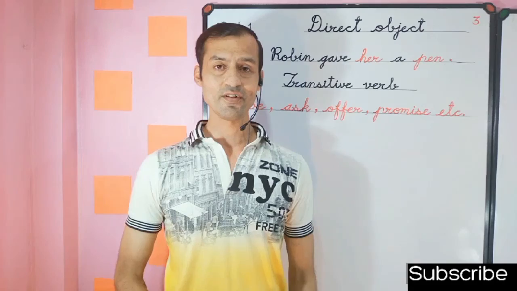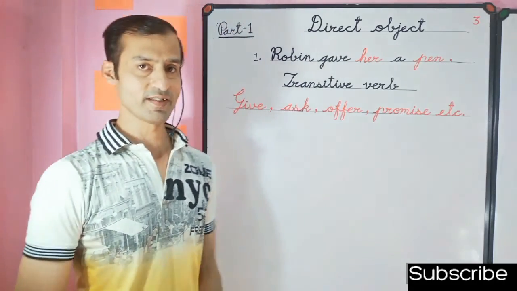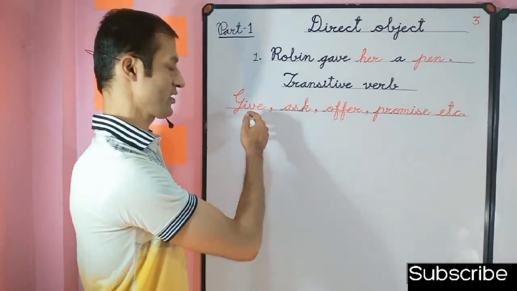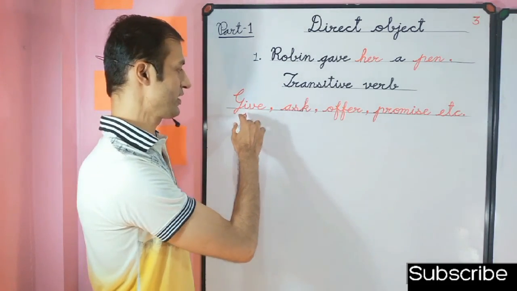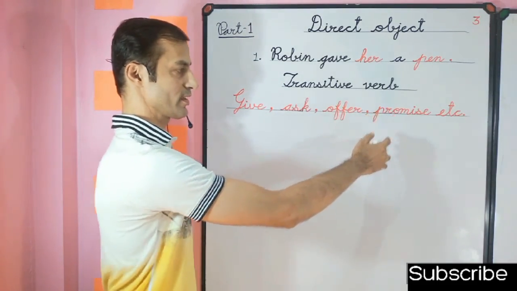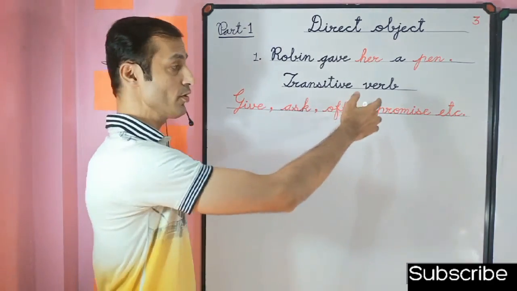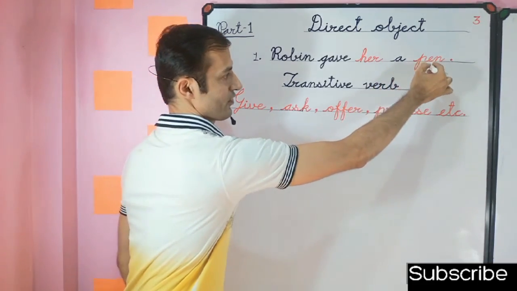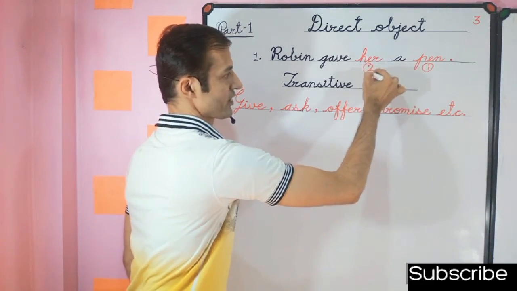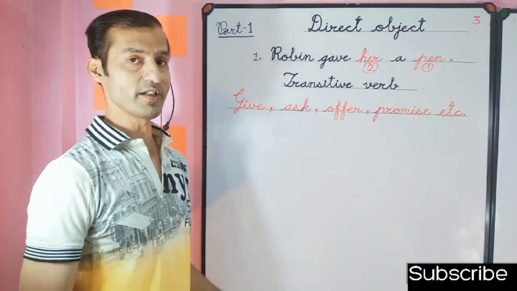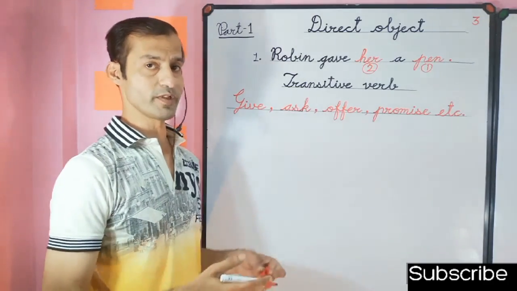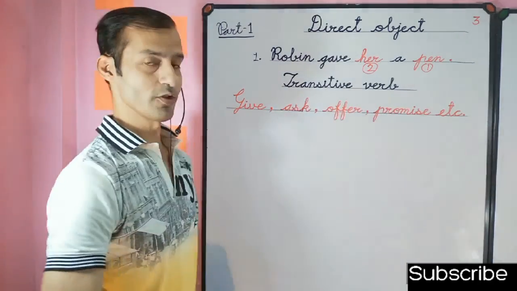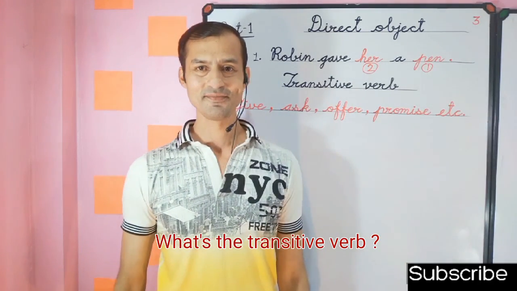Some transitive verbs can take two objects or more than one object. For example, give, ask, offer, promise, etc. So they take one object or two objects. So what's a transitive verb?